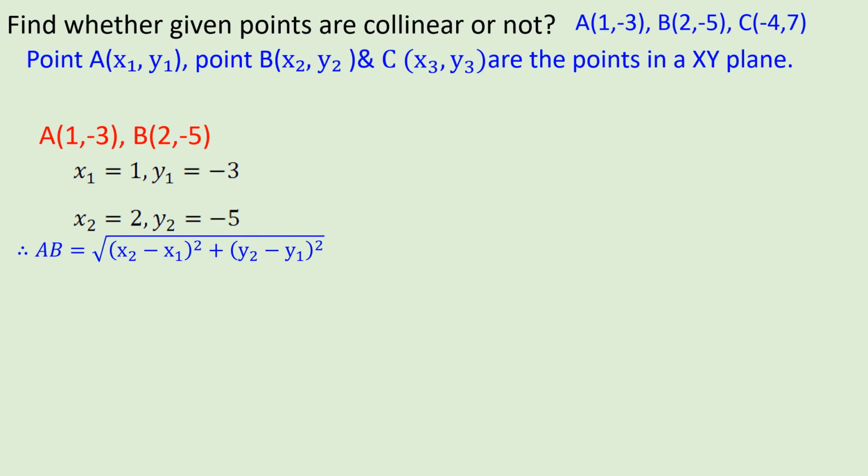When I substitute in the distance formula, AB equals root of (x2 minus x1) whole square plus (y2 minus y1) whole square.